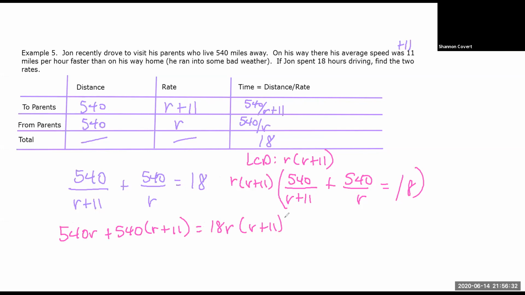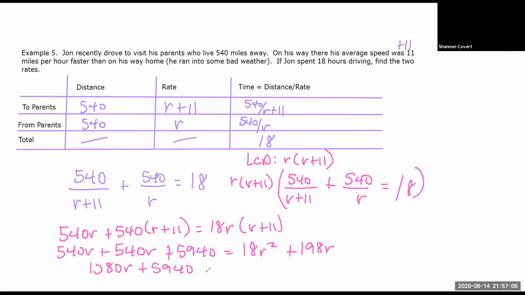Now I'm going to need to distribute, keep the 540R, add another 540R. 540 times 11 is 5,940. On the right-hand side, I have 18R squared plus 198R. On the left, when I gather like terms, I have 1,080R plus 5,940 equals 18R squared plus 198R.